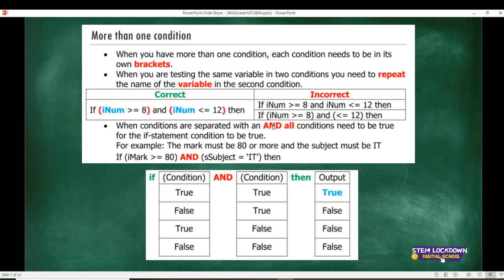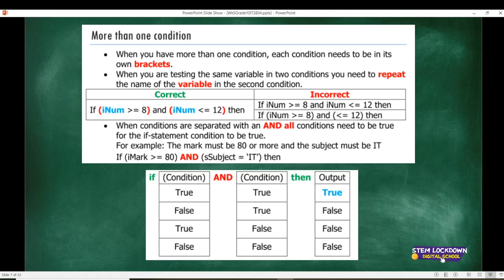So if I say if I num is greater than or equal to 8 and I num is less than or equal to 12, you have to be specific, because how on earth is Delphi going to work out what exactly you are talking about when you put nothing in front of the less than or equal to sign? You could have 10 other variables in your program and Delphi's not going to know which one you're talking about.